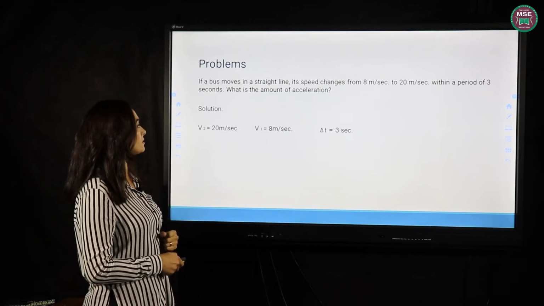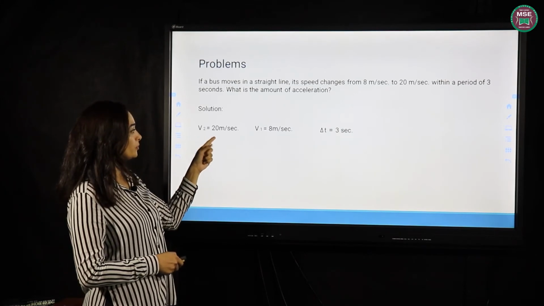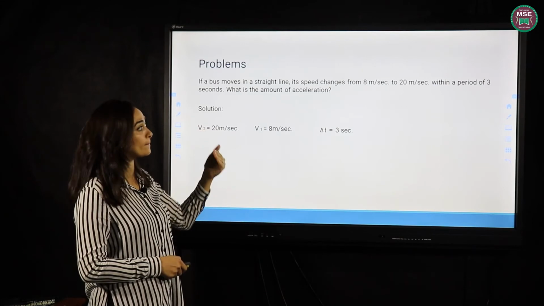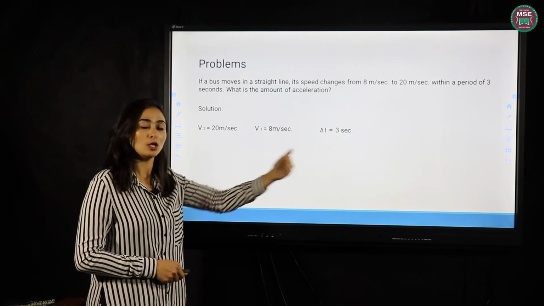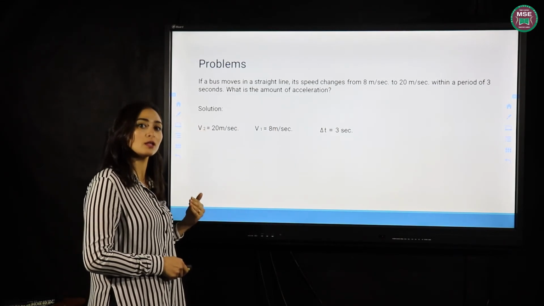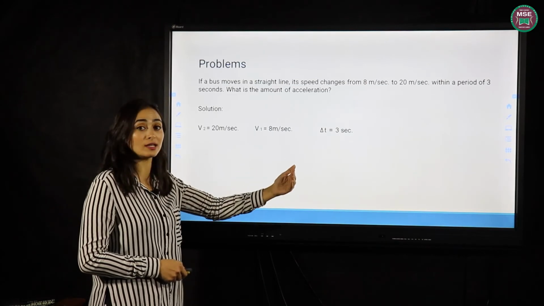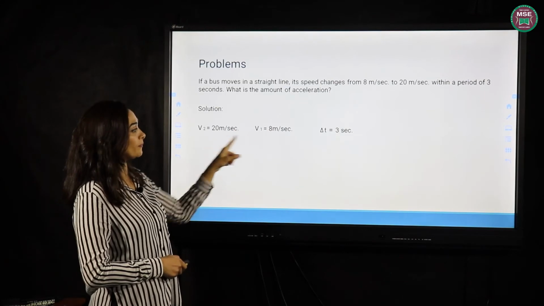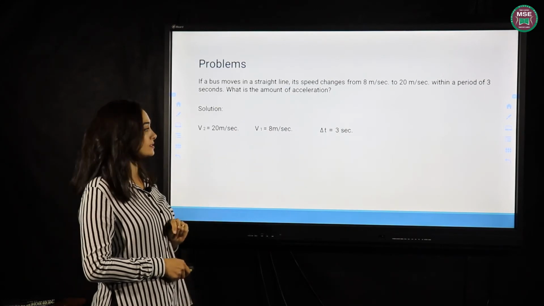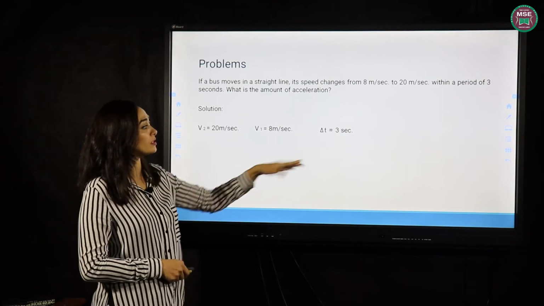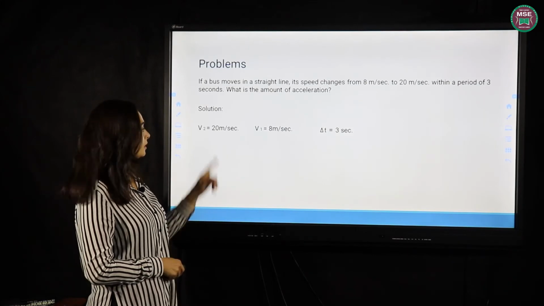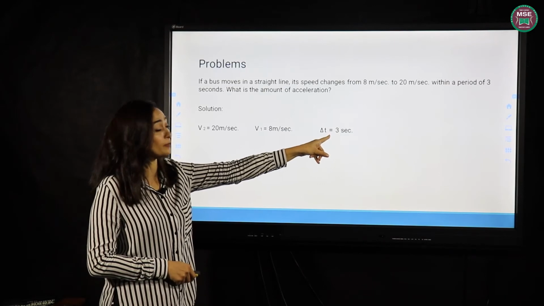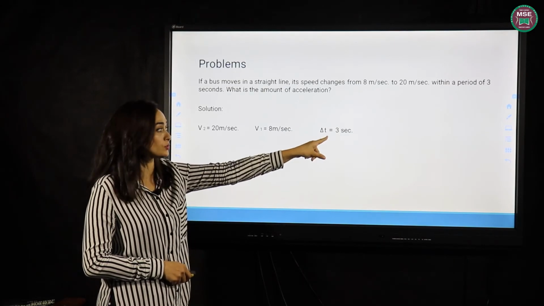It's very easy. V2 is 20 meters per second, as we said. Why? Because the body moves from 8 to 20. So 8 is the initial speed and 20 is the final speed. V1 is 8 and V2 is 20. Delta T equals 3 seconds. Our measuring units here are meter per second and seconds. If we have time in hours, we have to convert it into seconds.